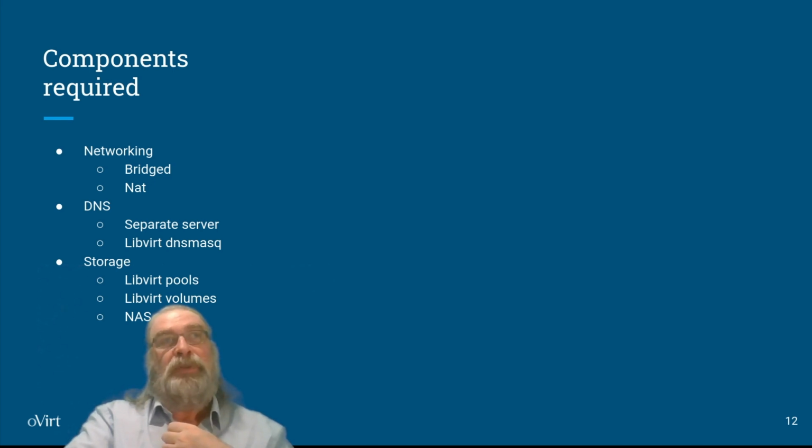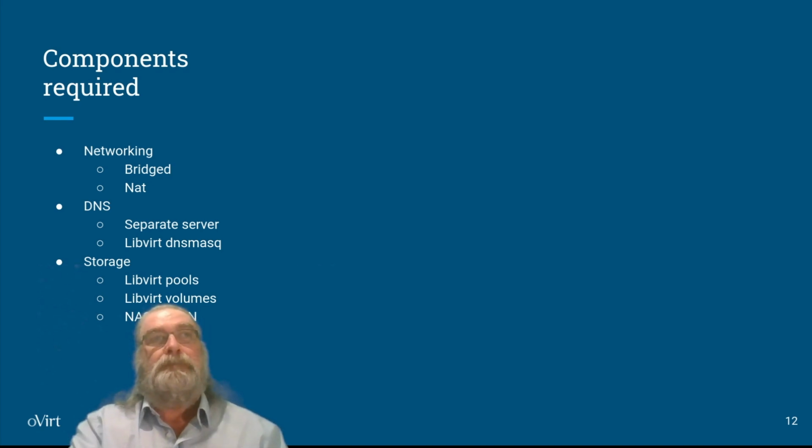But within libvirt, the networks are configured with a DNS masquerading daemon that provides DNS. But it might be better to run it on the host machine itself, because any changes you make need to be communicated to the libvirt DNS masquerader by stopping and restarting the virtual networks. That might be a bit tricky if you've got VMs running.